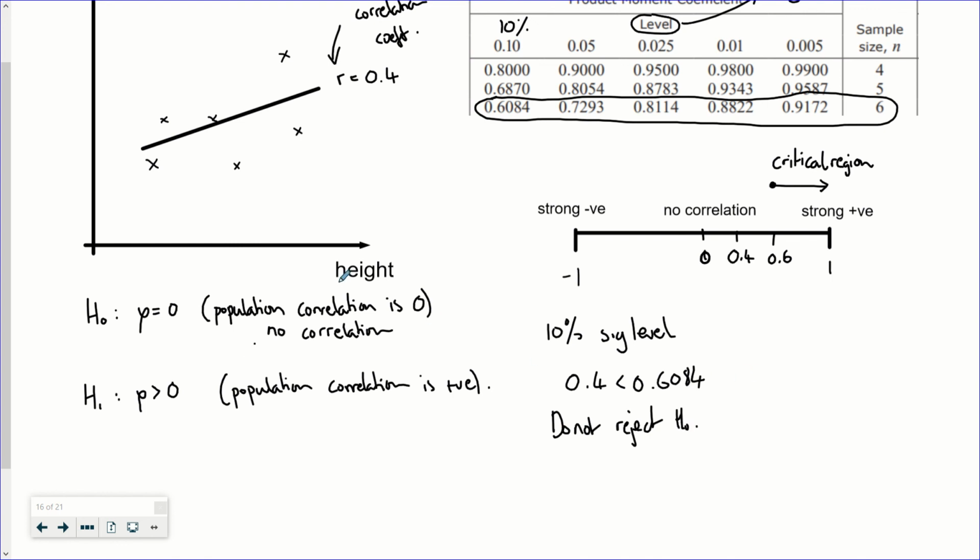And in this case, if we don't reject H0, that means that we're concluding that there's no correlation. In fact, I'm going to reword that actually. I'm going to word it as there's insufficient evidence to suggest that there's a positive correlation. And I'll explain why in a second. Conclude that there is insufficient evidence to suggest a positive correlation.